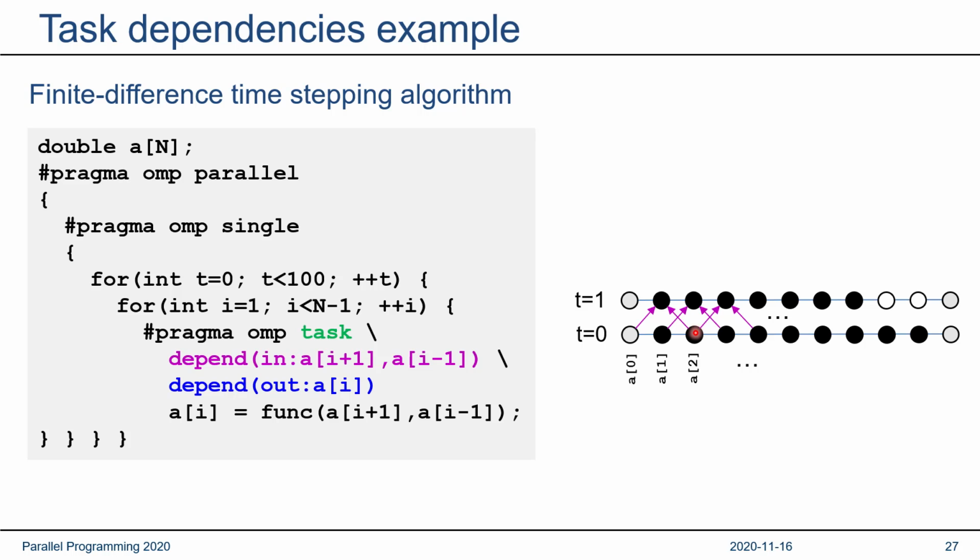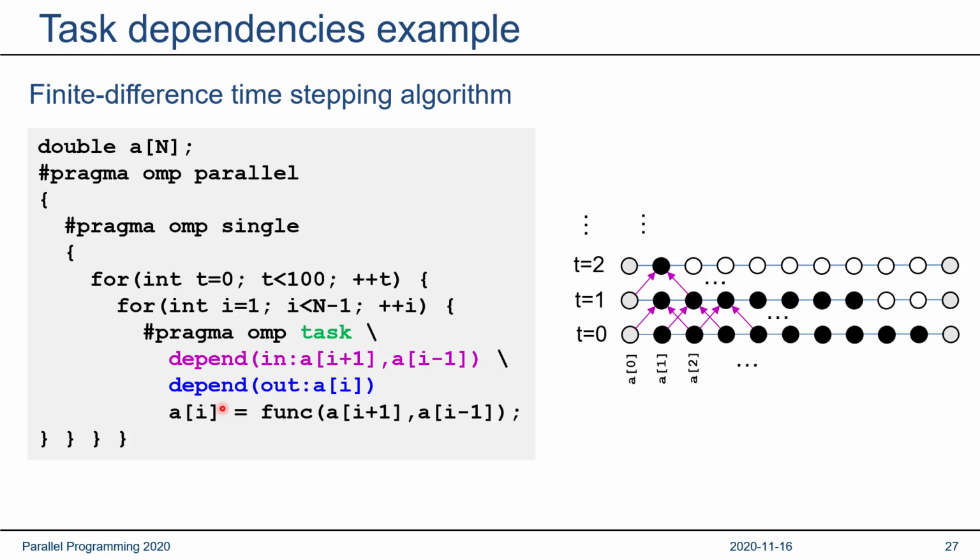Now, of course, there's a lot of parallelism in this problem, because whenever the first row of updates has been done, I can actually do the second row of updates. Whenever two values have been produced, I can update the middle value. So I can express this dependency in OpenMP with dependent tasks.